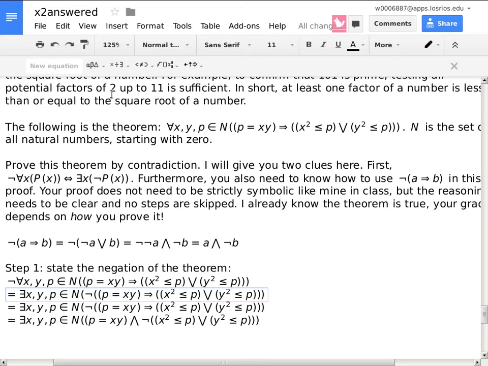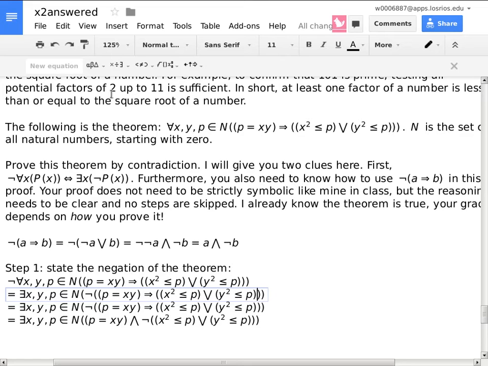It says there exists a way to pick, if the theorem is wrong, three natural numbers x, y, and p, such that p is the actual product of x and y, and on top of that, it is not true that x squared is less than or equal to p, or y squared is less than or equal to p. There is an easier way to state this, because we have a negation outside of a disjunction.